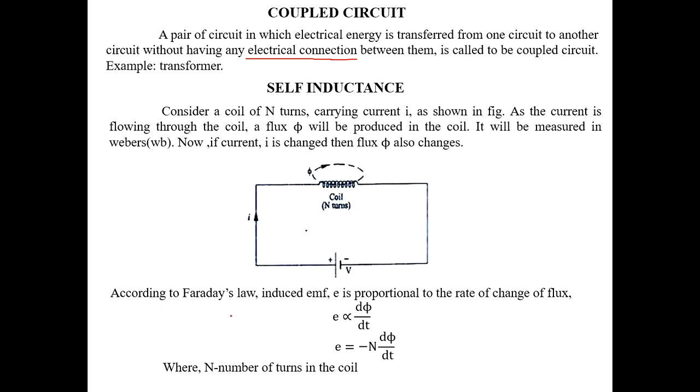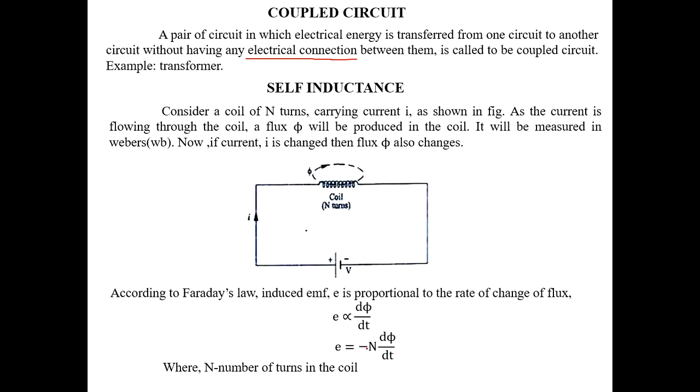According to Faraday's law, induced EMF is proportional to the rate of change of flux. We can write E is directly proportional to the rate of change of flux, d phi divided by dt. In order to remove this proportionality, we can write E is equal to minus N into d phi divided by dt.